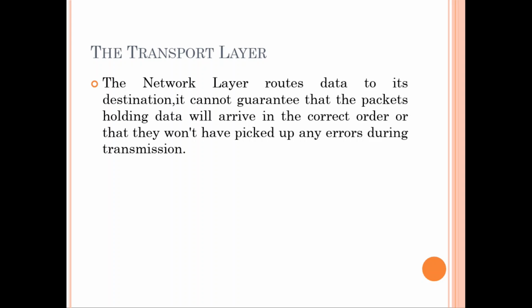This task is performed by the transport layer. The transport layer ensures that the data will be sent to the correct address and in the correct order. The arrangement, the sequence of the packets, would be the same at the destination point. It's the responsibility of the transport layer.